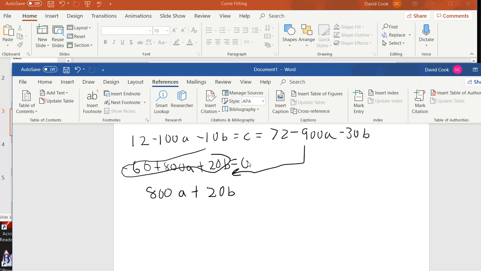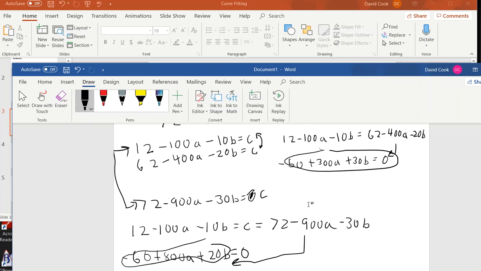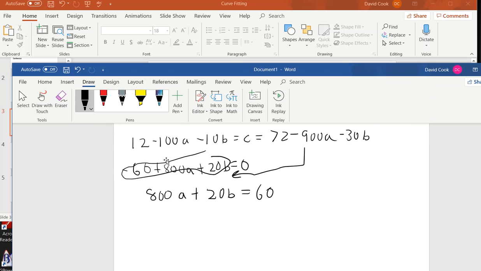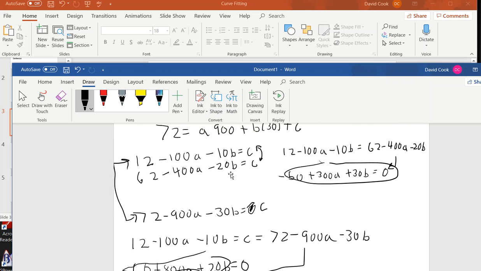This is equal to 0, by the way. So I'm going to move the 60 to the other side. This is my first equation right here. The second equation is right up here: 300A plus 30B equals 50. So I'm going to write 300A plus 30B equals 50.